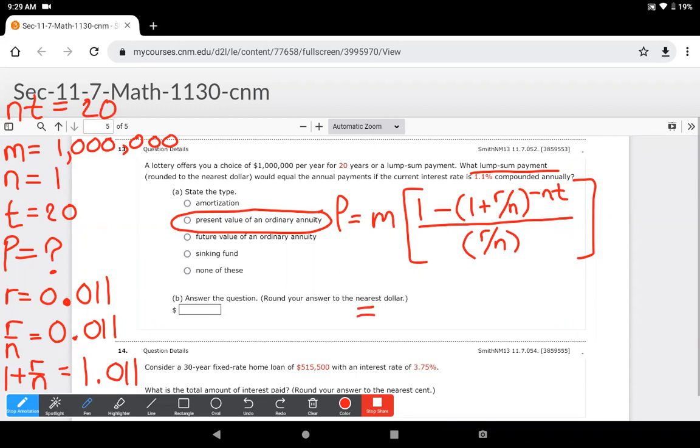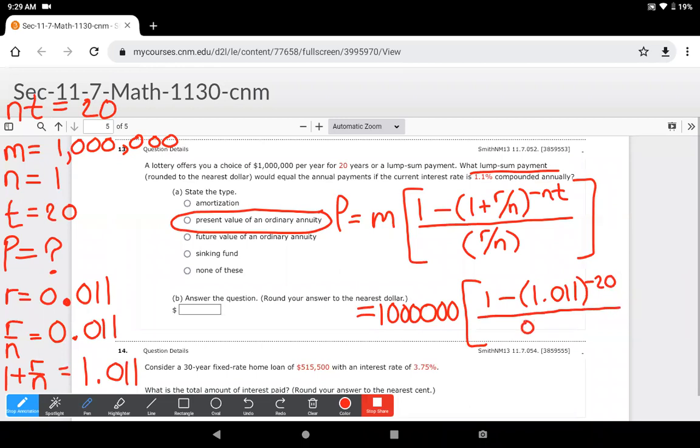Now we put in 1 million, so 6 zeros, times 1 minus parenthesis 1.011 raised to the negative 20. Make sure you get that negative exponent.